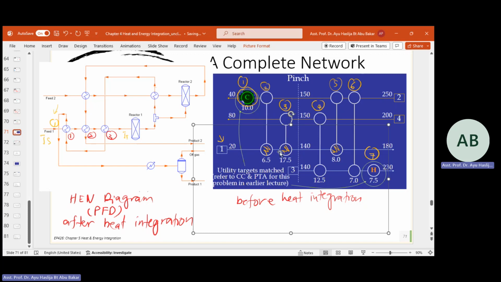Yeah, as long as it meets the requirement. You have T target, T supply, T target, right? Yes, when you pass through one heat exchanger, you have new temperature.